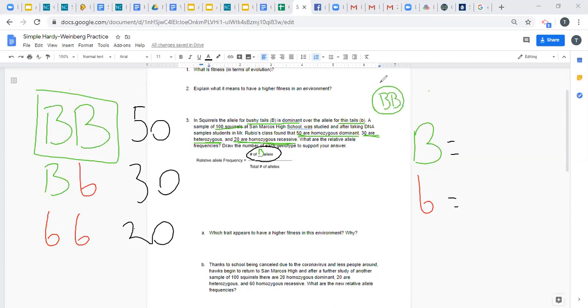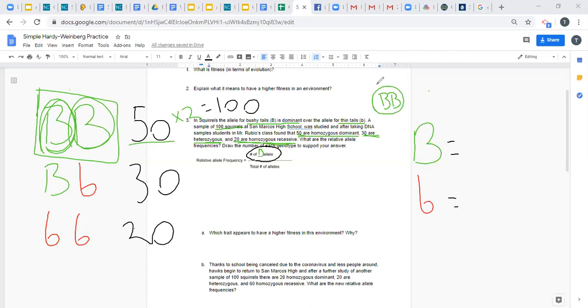So if 50 of them have two of these alleles, then my total number of big B's in each of these is 100 because there's two of them. So I have to multiply 50 by two, which gets me 100 total.